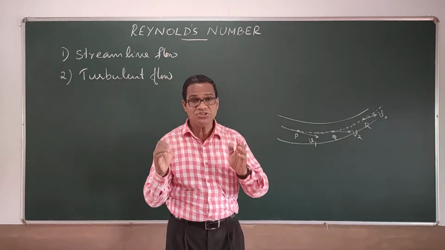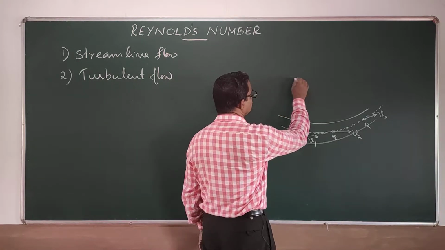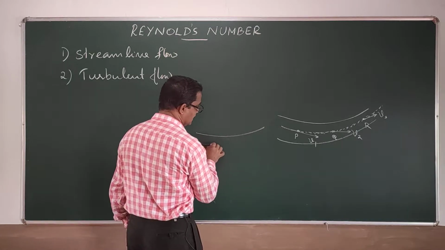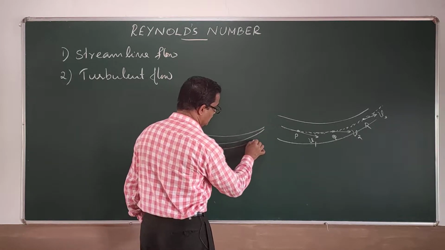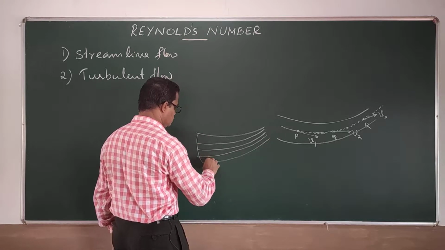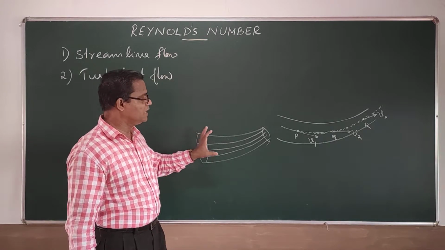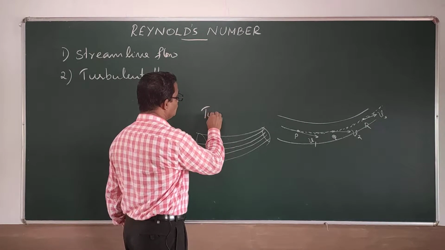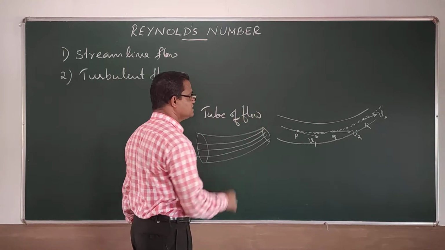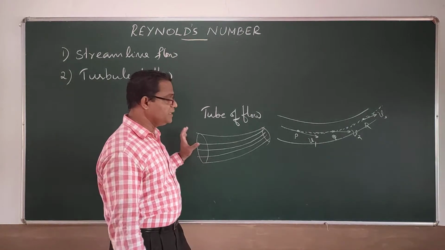Now if I take a bunch of streamlines together, one line, second one, third one, in the form of a tube, we can call this bunch of streamlines a tube of flow.